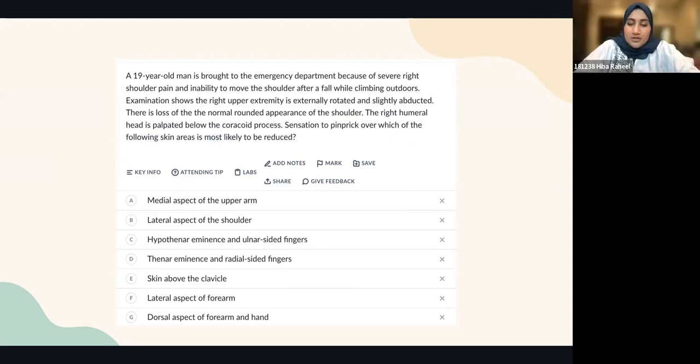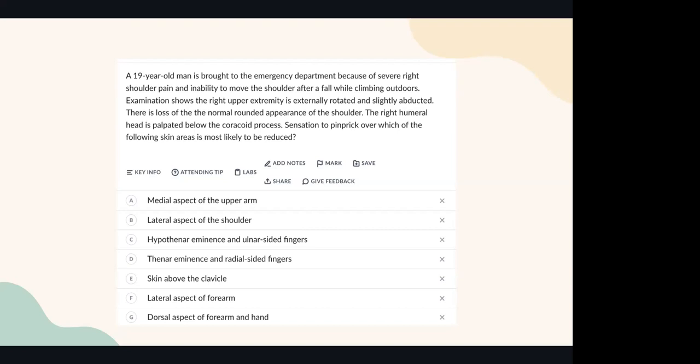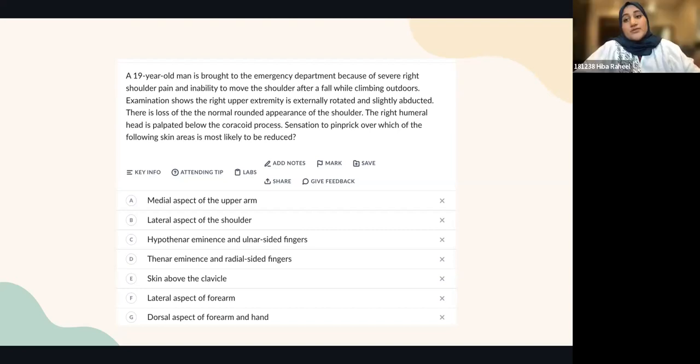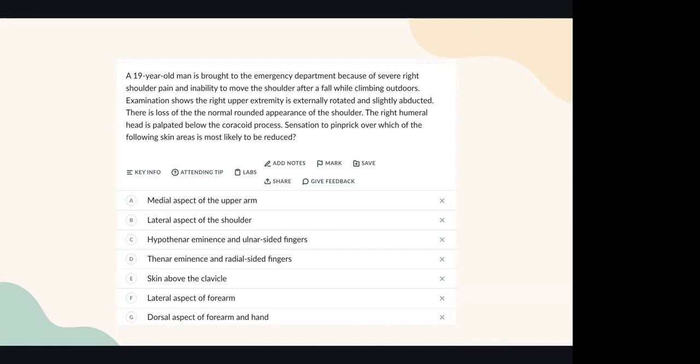Exactly. So in case of shoulder dislocation, I mentioned this, what nerve is very commonly damaged, especially in anterior shoulder dislocation? The axillary nerve. Very good, good job. And so if the axillary nerve is damaged, what is the sensory supply of the axillary nerve? Is it the medial aspect of the upper arm?